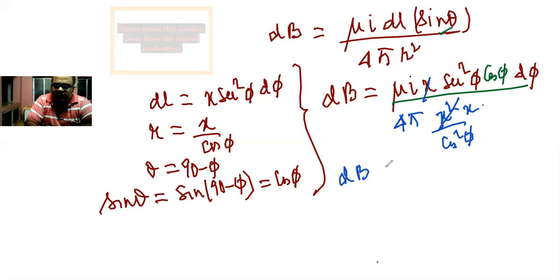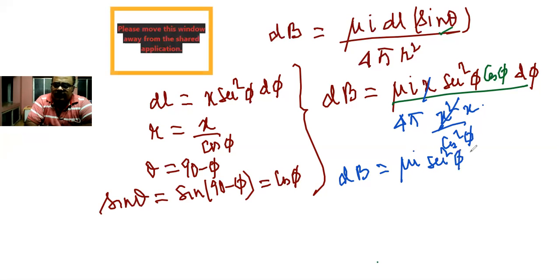So dB is equal to mu I, sec square phi into cos square phi into cos phi into d phi divided by 4 pi x.